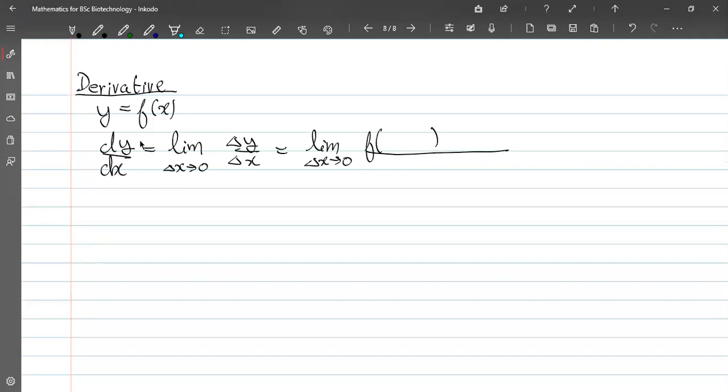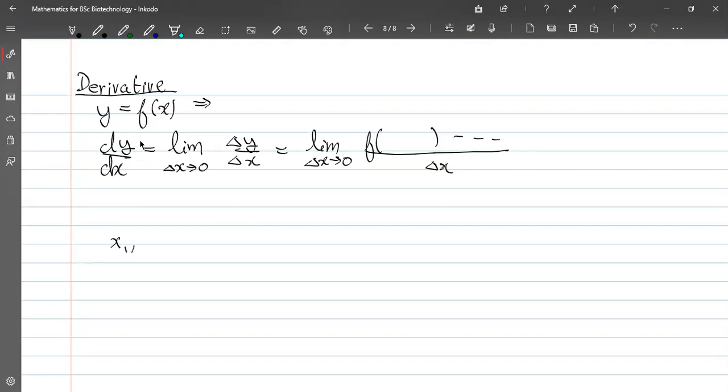The denominator is delta x, but what is delta y? If y is equal to f of x, then what is delta y? So that we get something here. I'll write that. But compare this to what we did before.